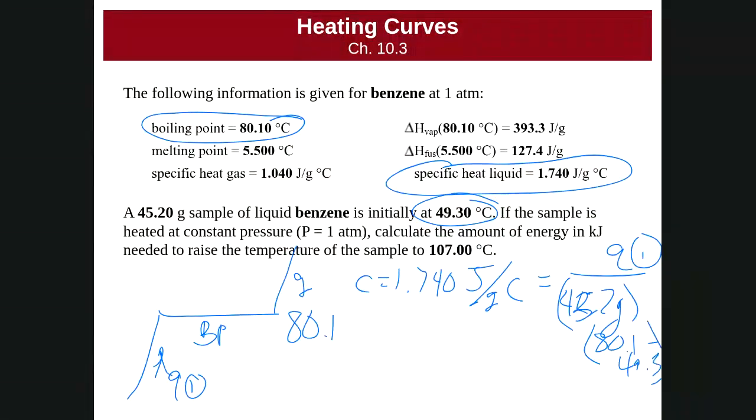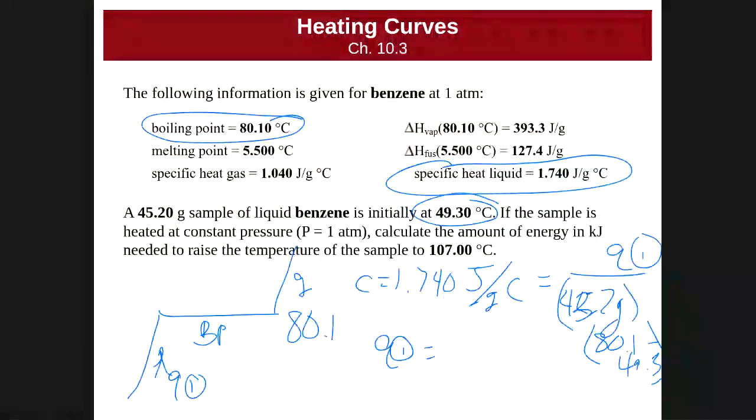Okay, so if we solve for Q1, we're going to multiply both sides by our mass and our temperature difference. So we're going to have 1.74 joules per gram degrees Celsius. We're going to multiply by our 45.2 gram sample, and we're also going to multiply by our temperature difference. So times parentheses 80.1 minus 49.3.